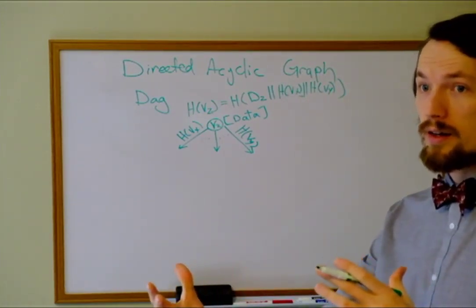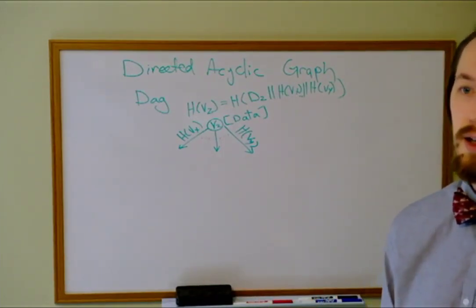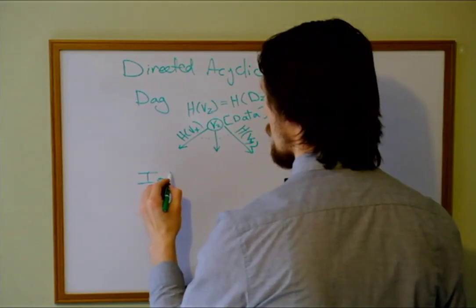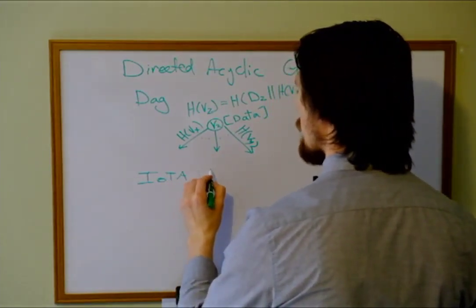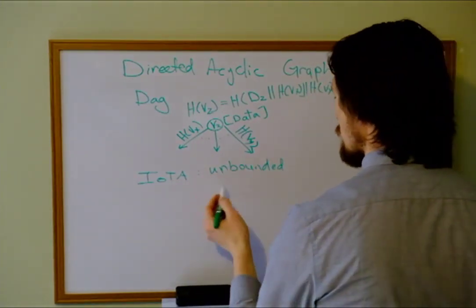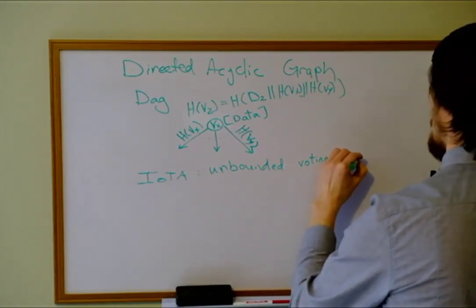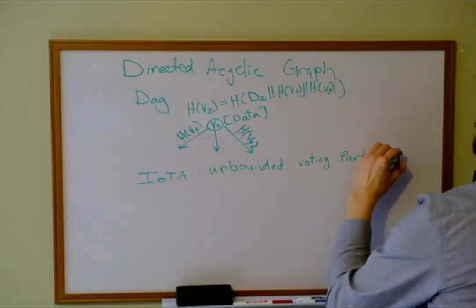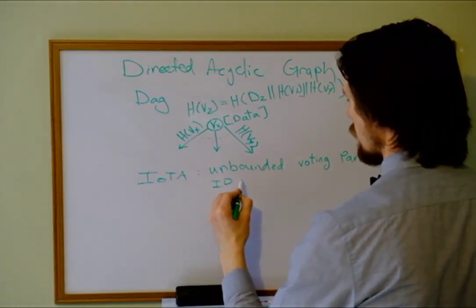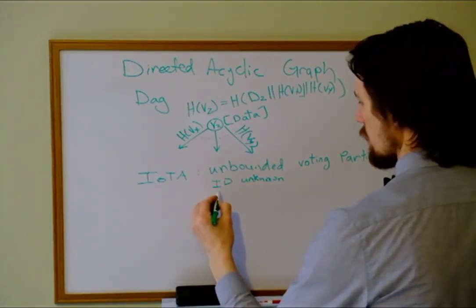In order to understand why we do it in Qubic with any number allowed and we don't do any number allowed in IOTA, one must understand that IOTA has unbounded voting participants, and their identities are necessarily unknown. So it's anonymous.